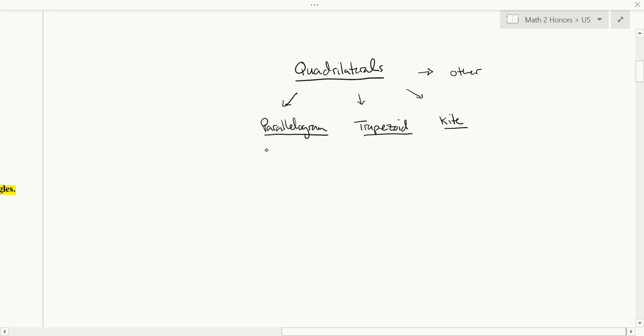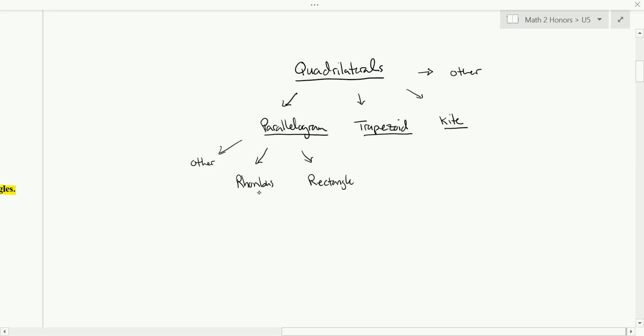If you're looking at a parallelogram, you can go two directions for this class. It could be a rhombus or a rectangle. Or it could be just a parallelogram that's neither a rhombus nor a rectangle, so I'll just put other.